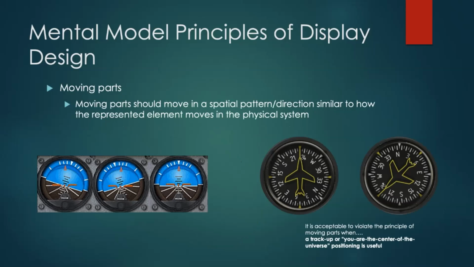So when you've got moving parts, make them move in a spatial pattern or direction similar to what they're representing. Right, so on the left here, you can see the aircraft is represented by this little V. You can tell the horizon because blue is up, brown is down.